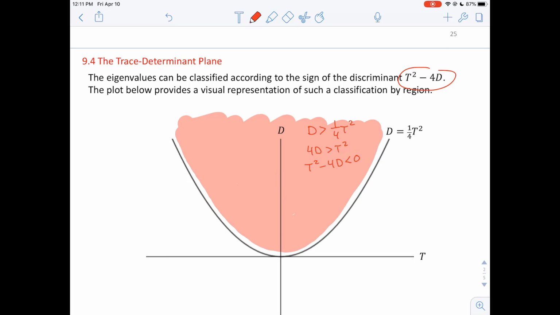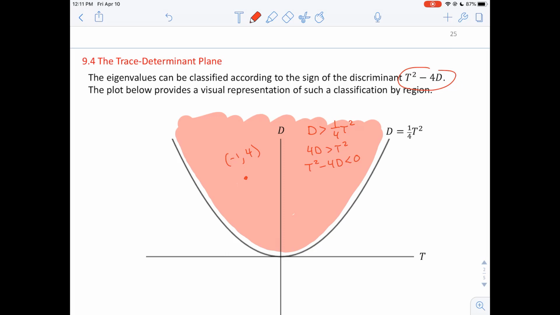If your trace and determinant, for example, what if you were at a point right here where your trace was -1 and your determinant was 4, right? This will be in this area. This will be above this parabola. That would suggest that when your trace and determinant place you into this region, then your discriminant is negative, meaning that your eigenvalues are complex, they're not real, meaning that we're talking about spiral sources, spiral sinks, or centers.